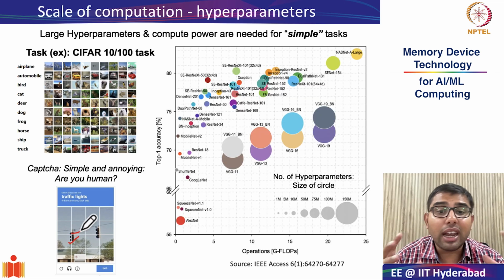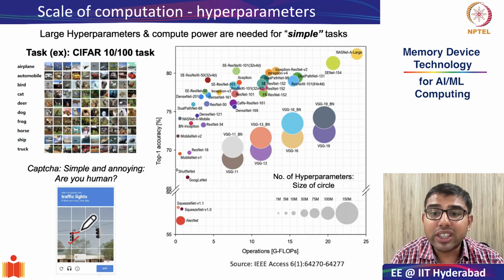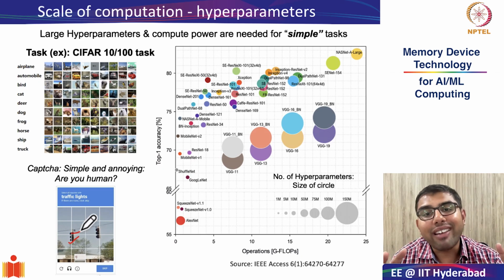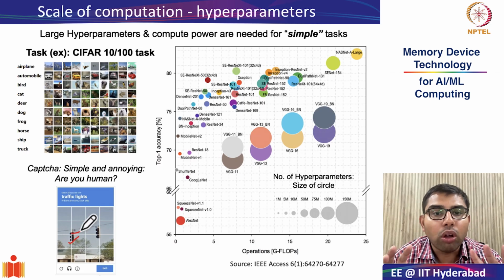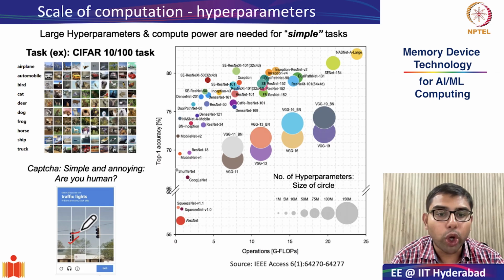But when the same level of task is given to a neural network, the amount of computational power that is required is really very large. And this is what this image is very nicely encapsulating. So let me break down this image for you.